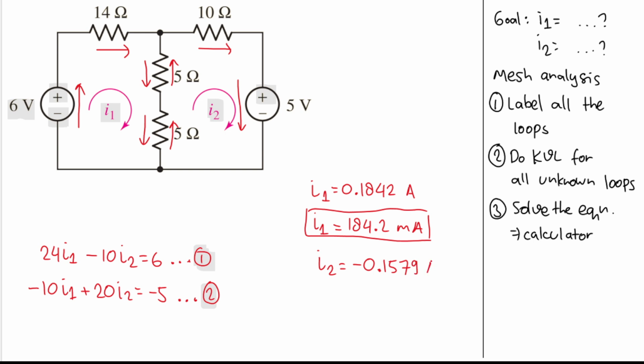And the unit here will be in ampere, or in milliampere, it will equal minus 157.9 milliampere. Good. And this is the second value that we are looking for in this equation. So we have achieved our goal here. I1 and I2 are this value and this value here.